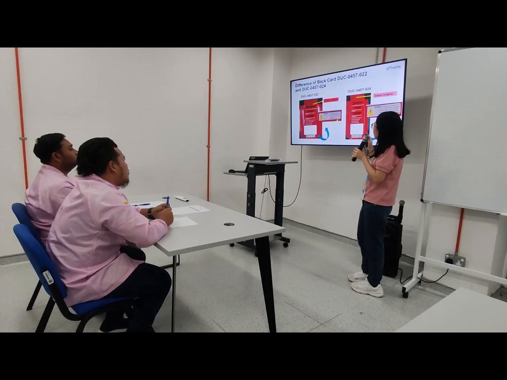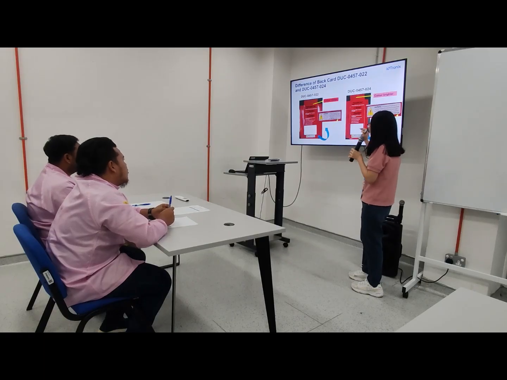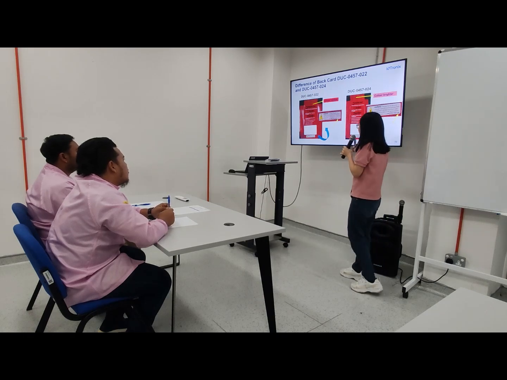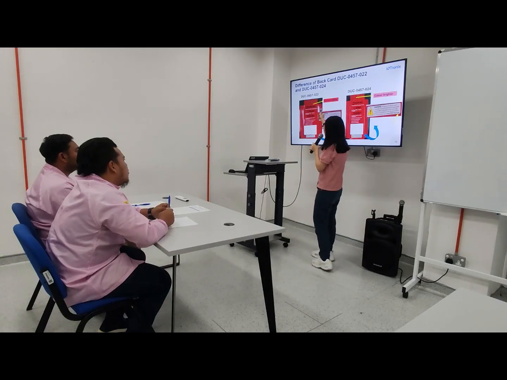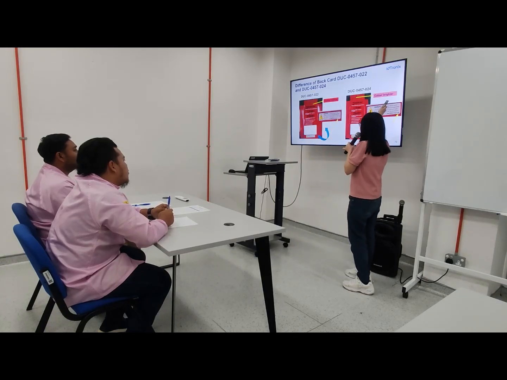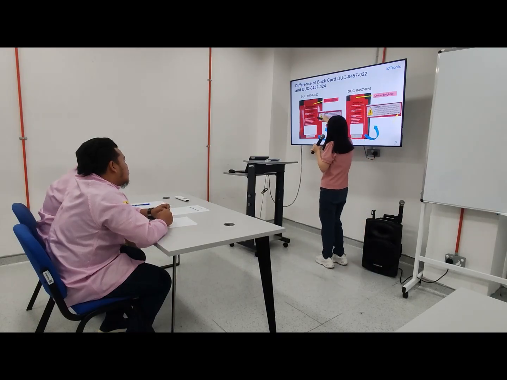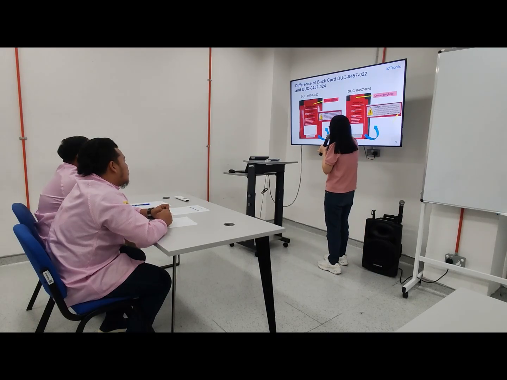Next is about the backup differences. These two backups look almost similar, but there are very slight differences. In terms of color, there is a difference. Color darker. This one, 024, color brighter. And then what's the difference of this wording?